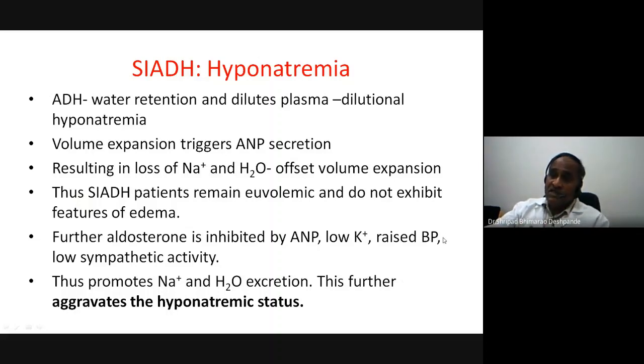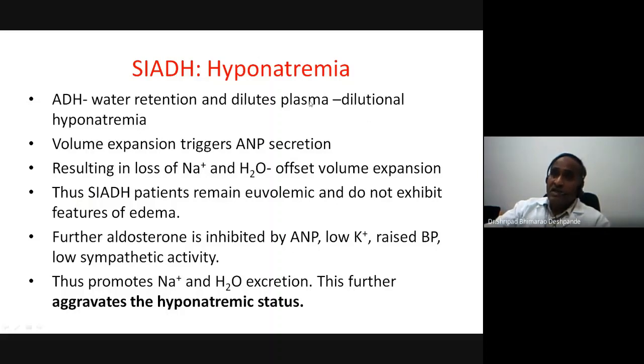Now elevation of the blood pressure does not activate the renin angiotensin aldosterone mechanism. That itself is a point. That means the renin angiotensin system is not activated. Angiotensin 2 is a stimulant for aldosterone secretion.